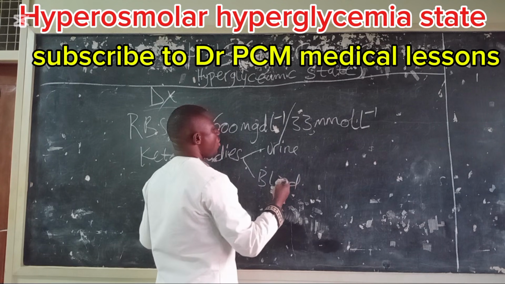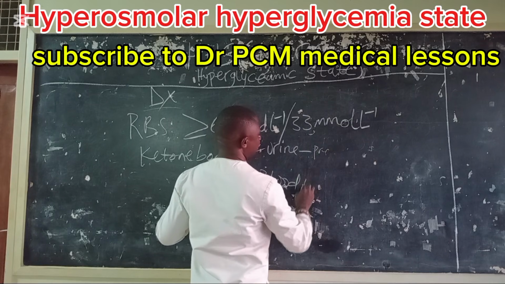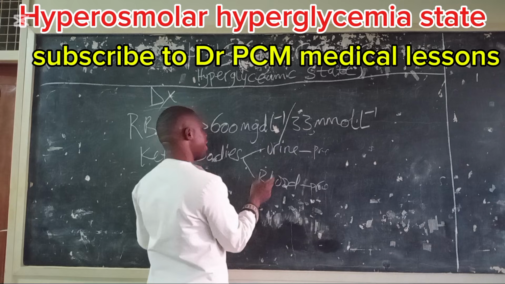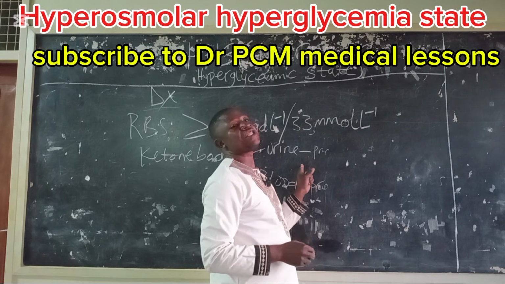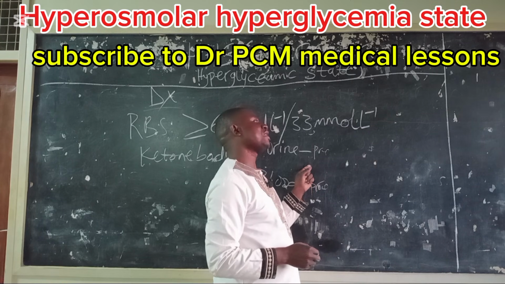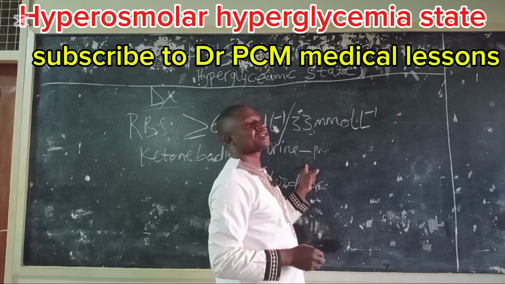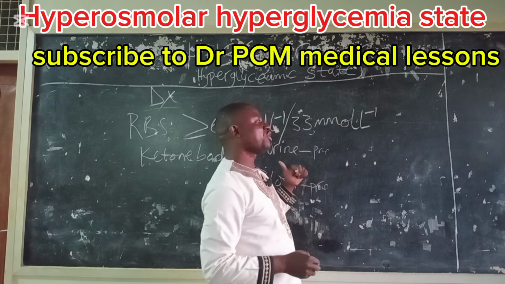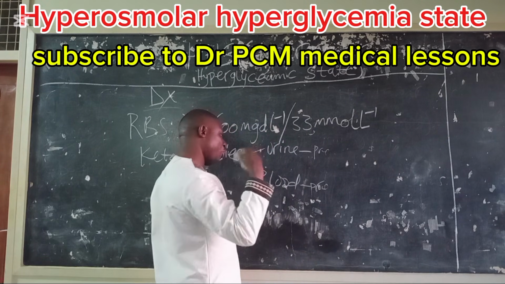Now, if the ketone bodies are present in urine and blood, then it is not HHS. There are high chances that this is DKA, diabetic ketoacidosis. If you want to know about diabetic ketoacidosis, scroll back to our previous video.